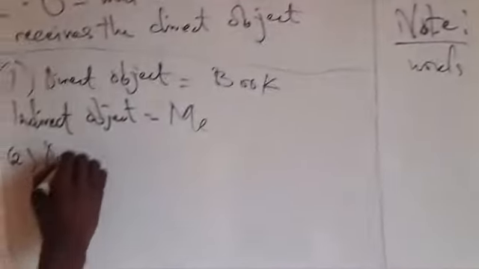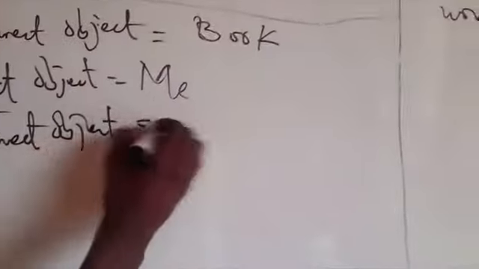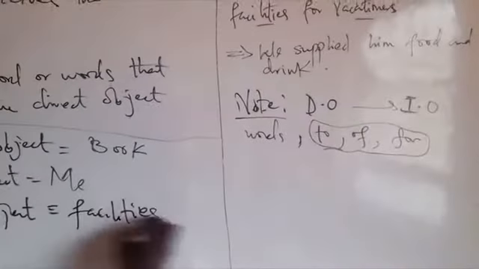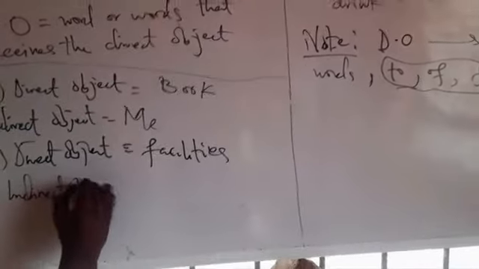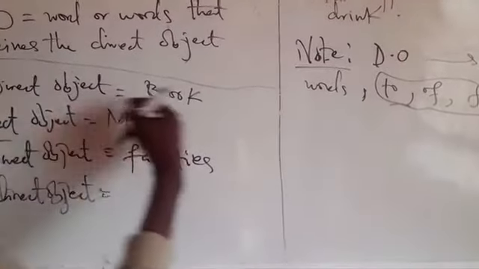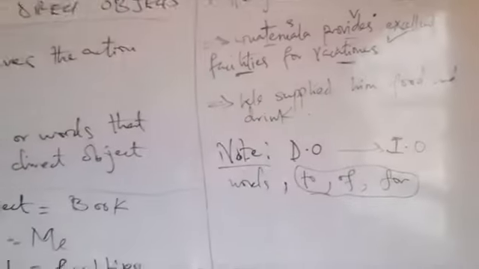So we have that our direct object, which is receiving the action straight up, is facilities. Then we have our indirect object, which is receiving the direct object, facilities, is what? Vacationers.